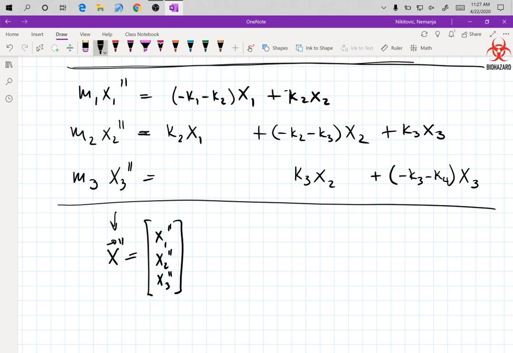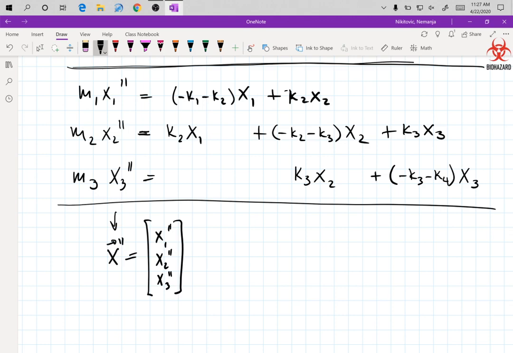And now, because that's a vector and needs to be multiplied by these m's, but you remember you need to multiply a row into a column, right?